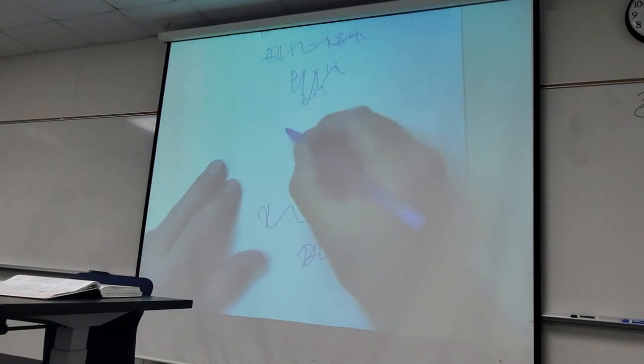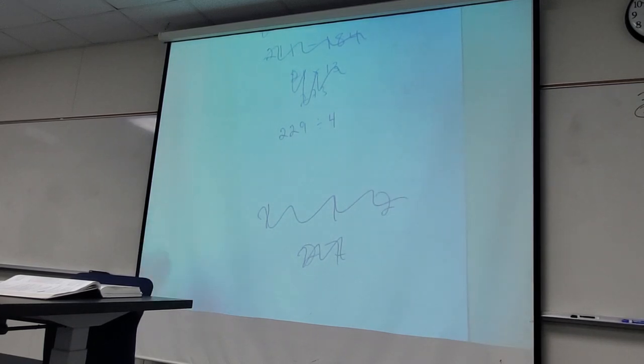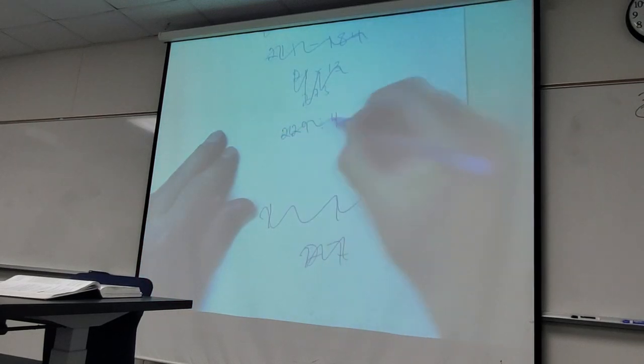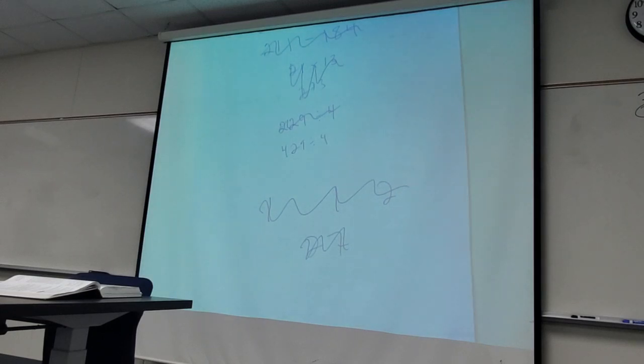Let's do 229 divided by 4 is fine. We've got enough flats. Let me change it a little bit. Make it 429 divided by 4. So 429 divided by 4.